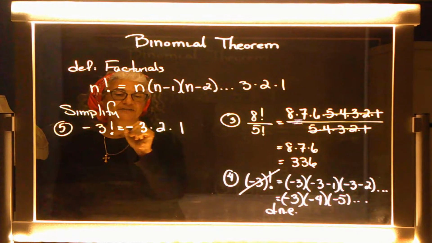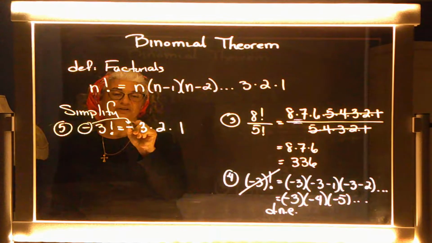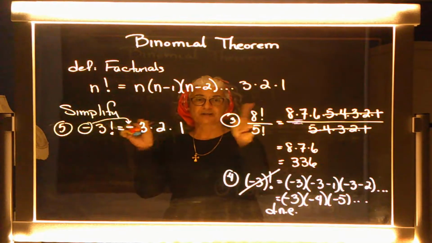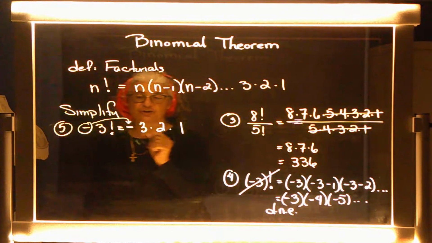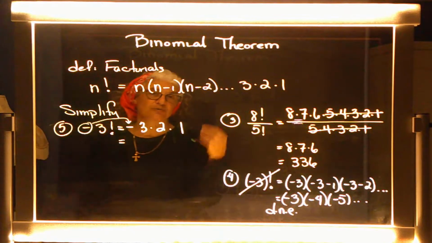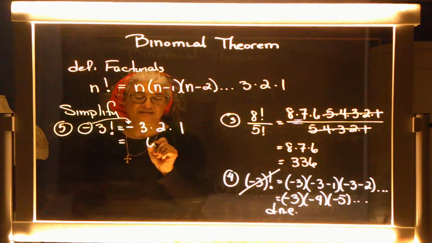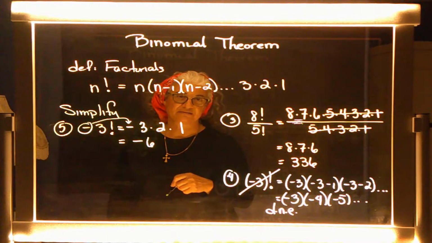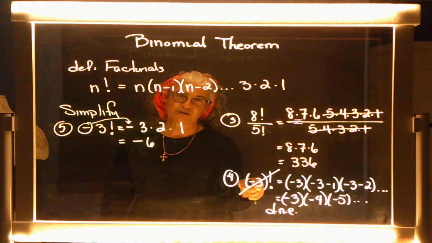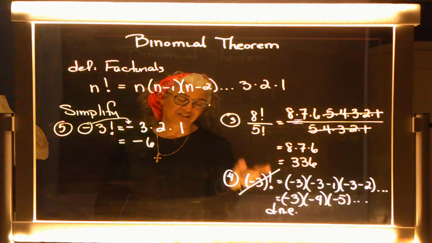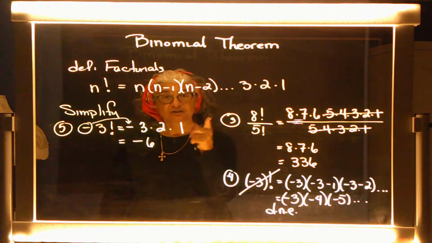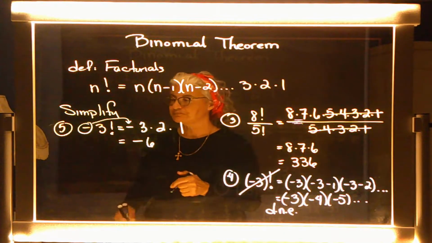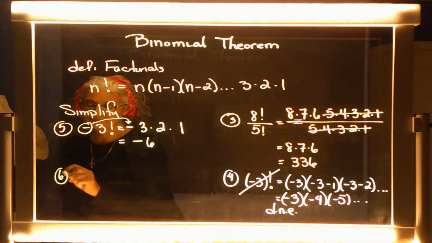And the negative is on the outside here, just hanging out, going, okay, I'm still here, just waiting for you to remember me. So you have 3 times 2 times 1, which is 6, but the answer is a negative 6 because the negative was on the outside. On number 4, the negative and the 3 are attached because they're in the parentheses. Good?